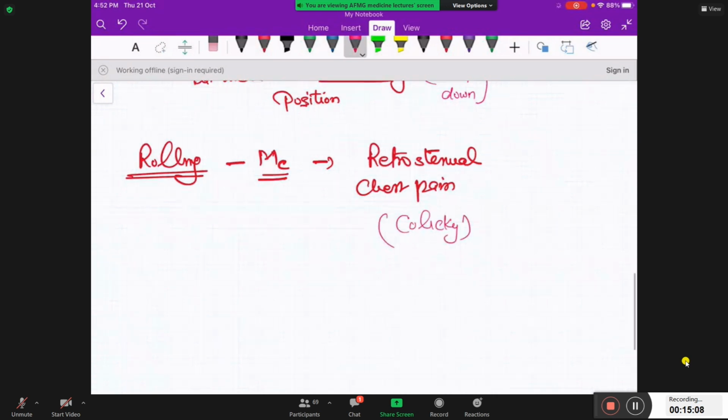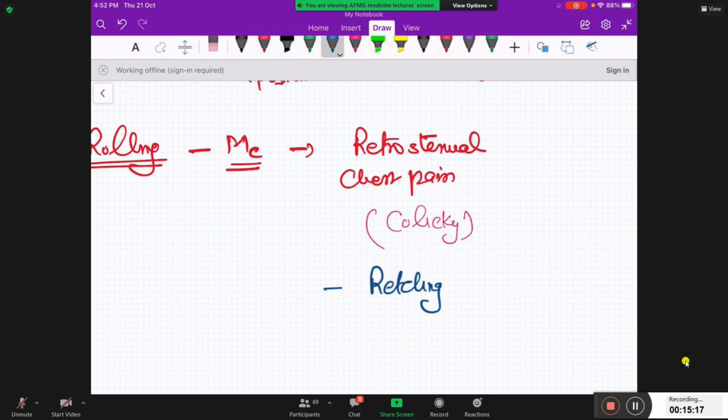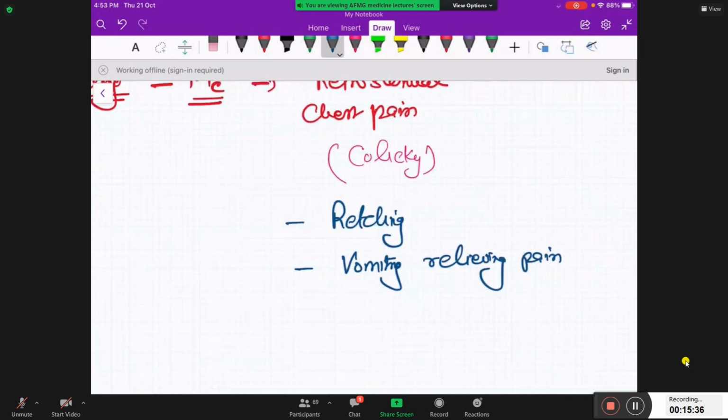Here it will be a colicky type of pain, and the patient will also have retching. Retching is when the patient is trying to vomit, but the vomiting is not coming. That is called retching. And very important point, once the vomiting comes, vomiting relieving the pain is a classical presentation of a patient of a rolling type of hiatus hernia.